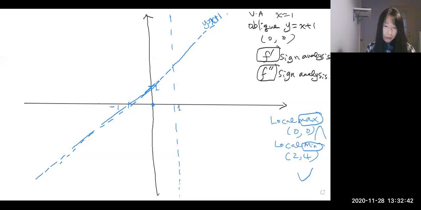We have a test point -1, right? Earlier, f prime is positive. So we had the positive, going to positive, let me draw. And then there is a vertical asymptote we never touch.